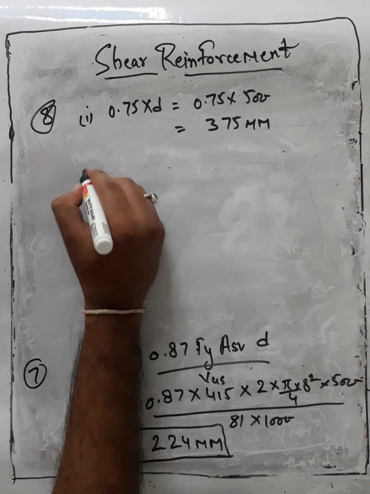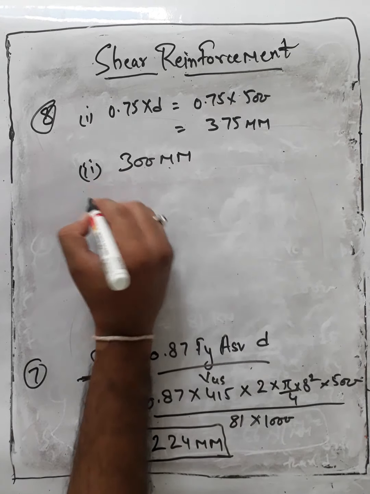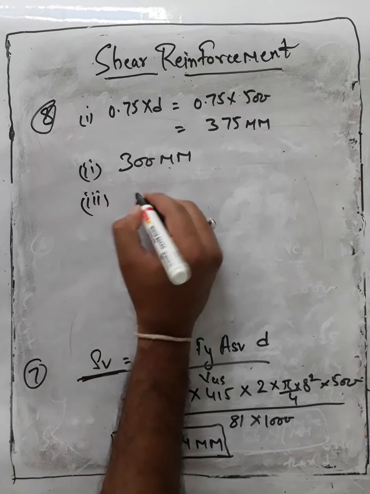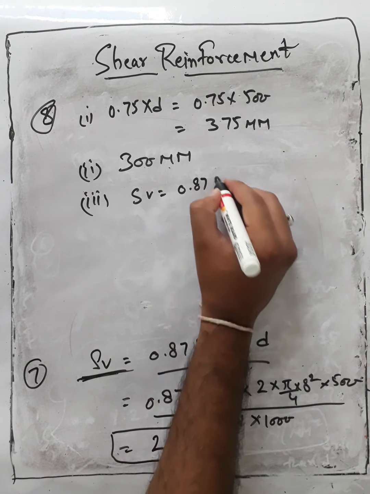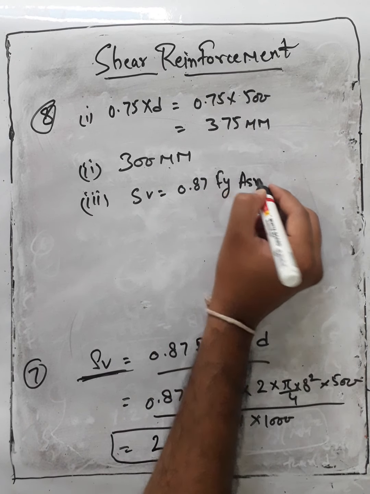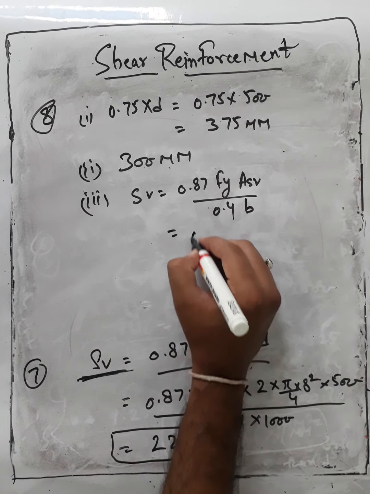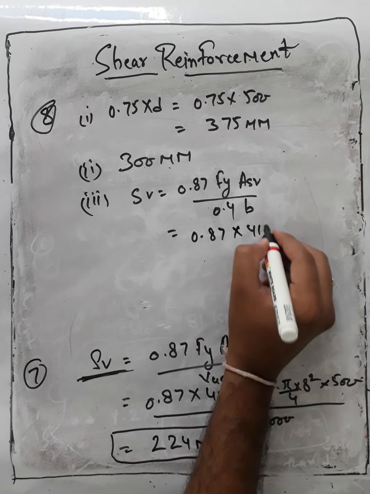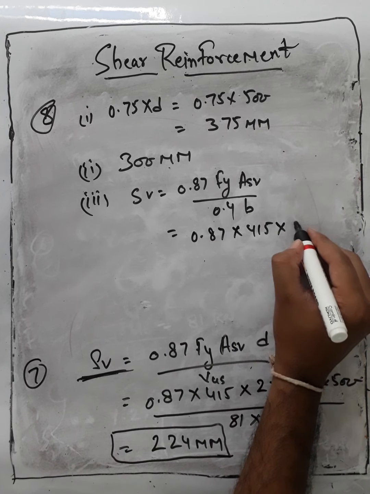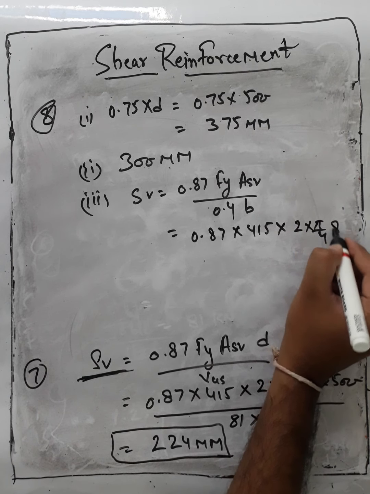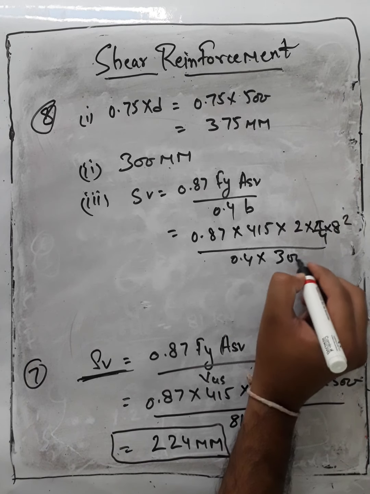Second is 300 mm. And third is SV is equal to 0.87 Fy ASV divided by 0.4 b. So 0.87 into 415 into 2 into pi by 4 into 8 squared, divided by 0.4 into 300.